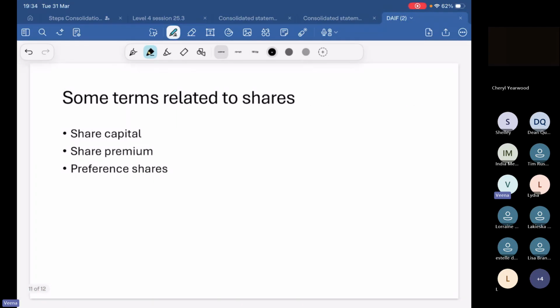So you will also come across the word share premium. What is share premium? Let us say I said that I'm issuing 100,000 shares for £1 each.